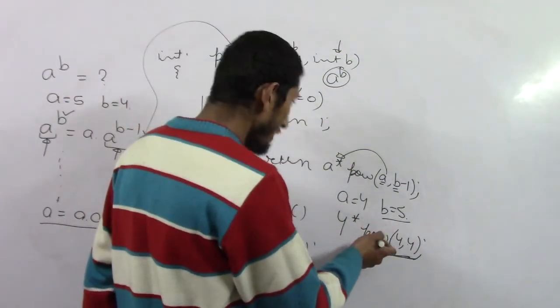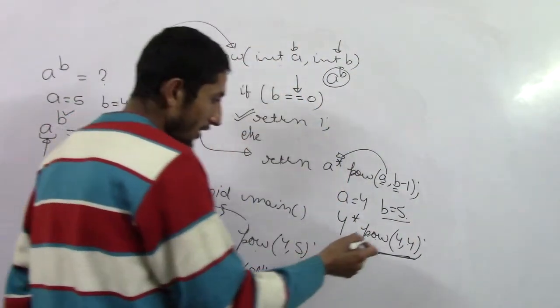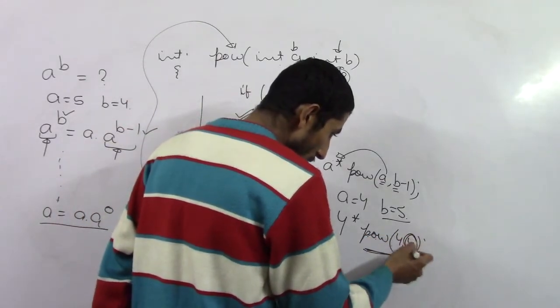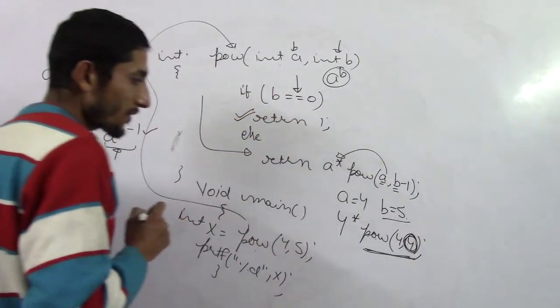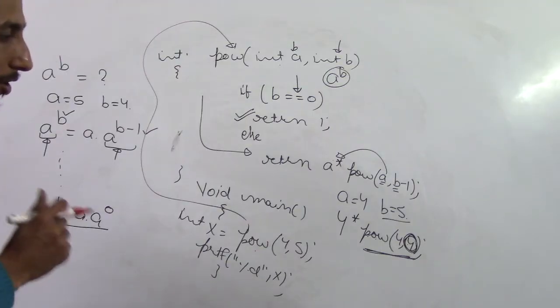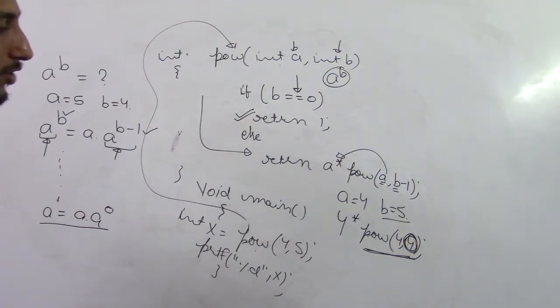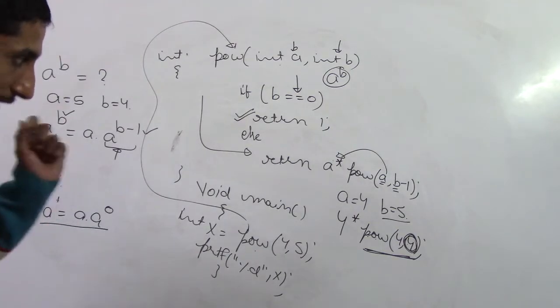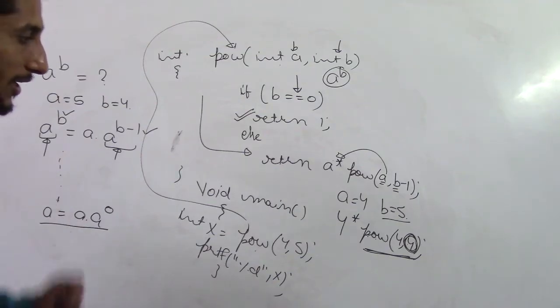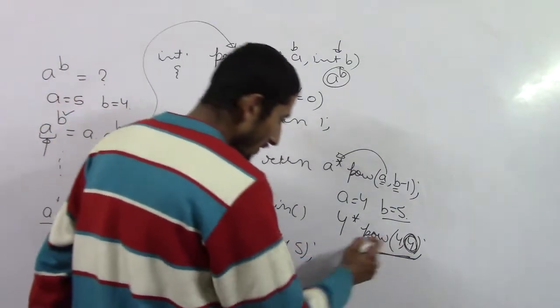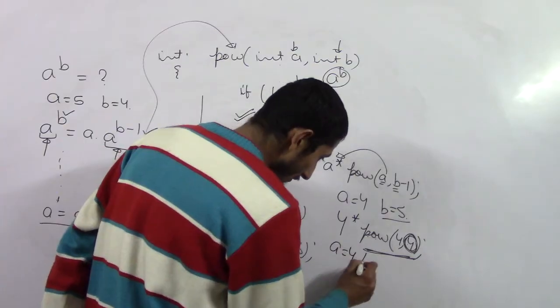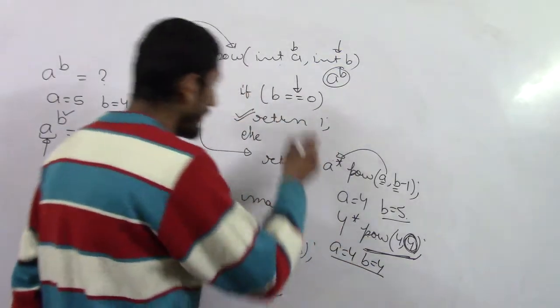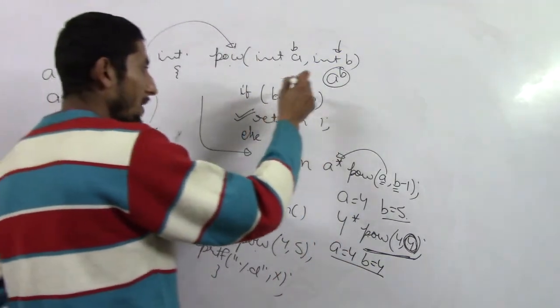You are again calling the power, but this time the amount becomes smaller. Are you following this? So you again calculate the power: the value of A becomes 4 and the value of B becomes 4.